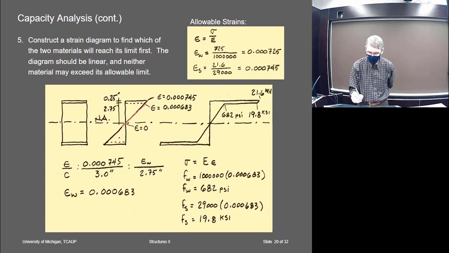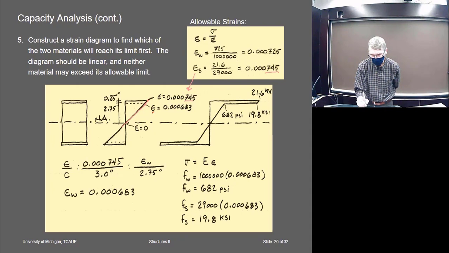The strains are linear, so I could pick either this value, or I could pick this top value and then calculate the other one. I pick one and calculate the other one. So in this case, I picked the top one, and I set it equal to the limit of the steel. This was the limit of the steel, right? So I'm setting that equal to the limit, and then I calculate the other one.